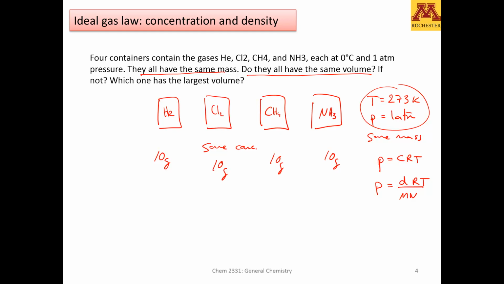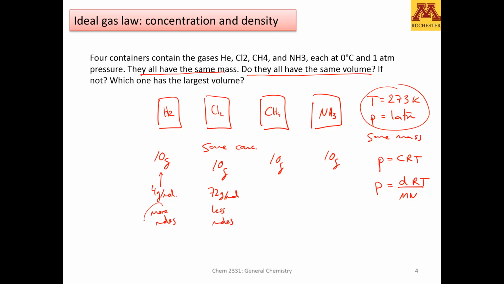The lightest is helium, because the atomic mass is 4 grams per mole. We will have more moles. And the heaviest is Cl2 because, if I'm not mistaken, it's 72 grams per mole. It's the heaviest, so you'll have fewer moles.